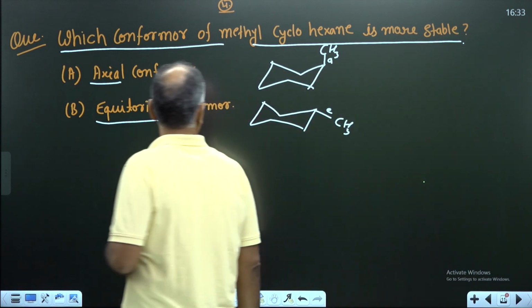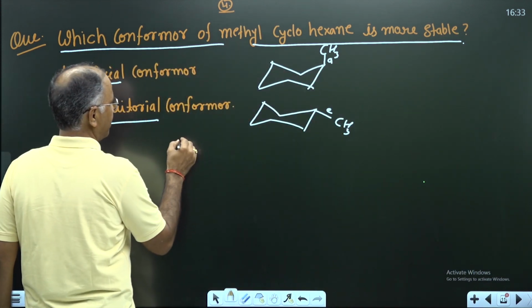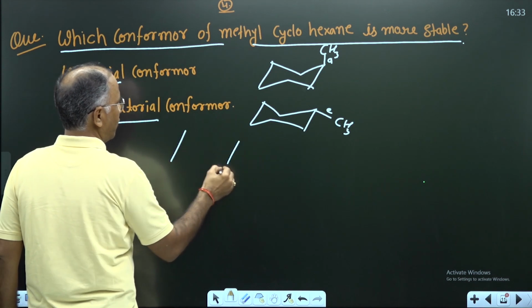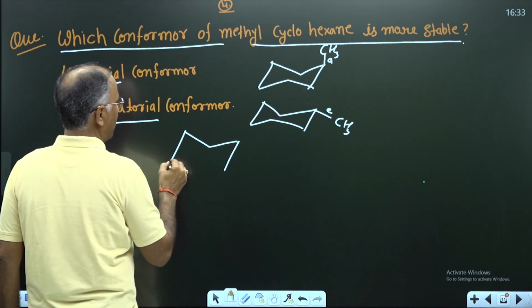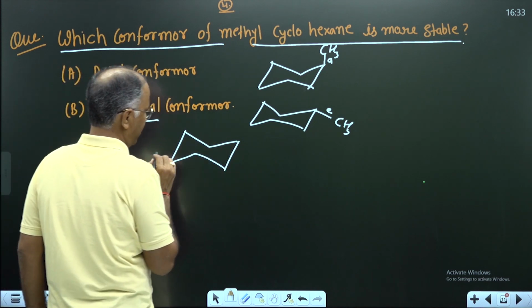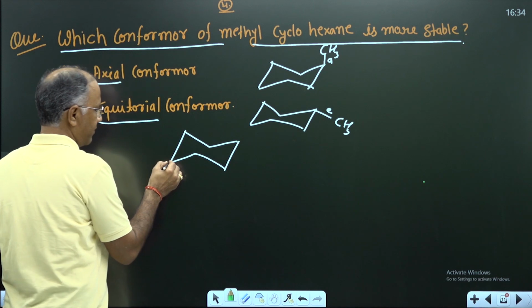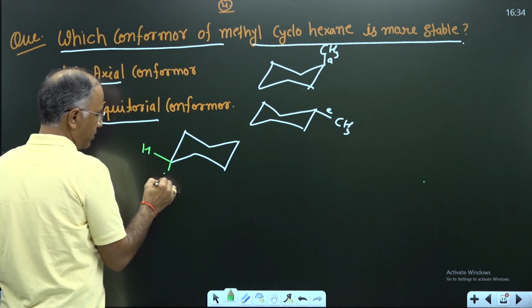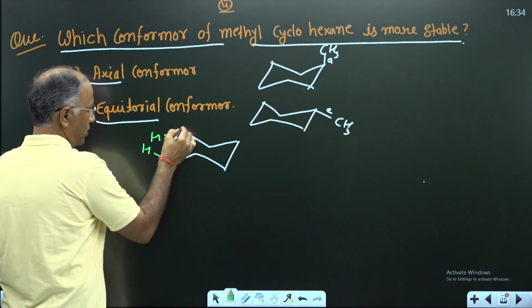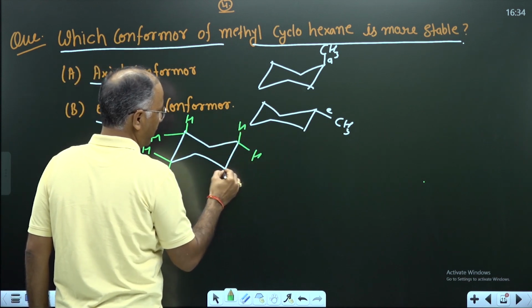Now to solve this type of question, you have to draw the chair form, and the Newman projection of this cyclohexane. If you closely watch this cyclohexane, now I am explaining to you how to draw the Newman of cyclohexane.